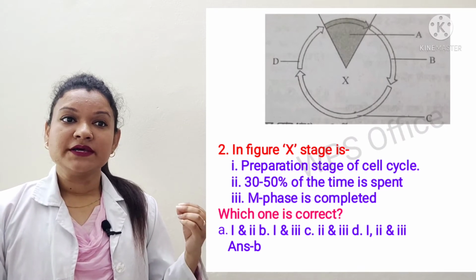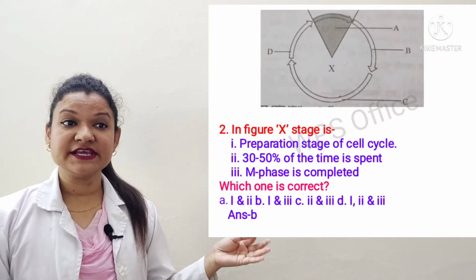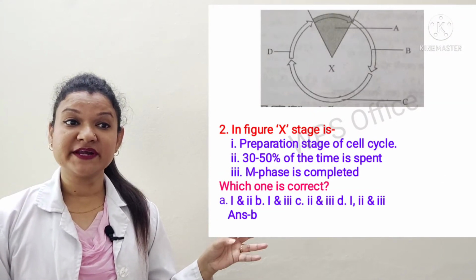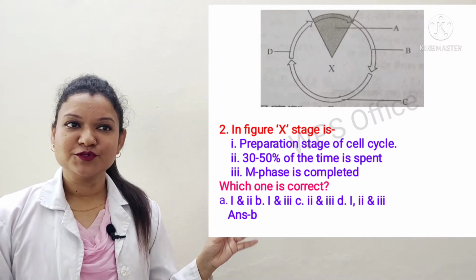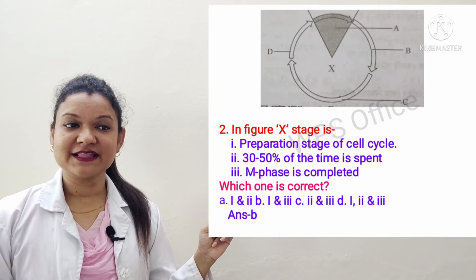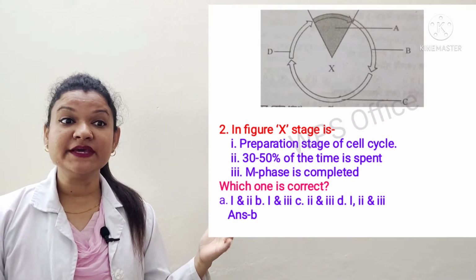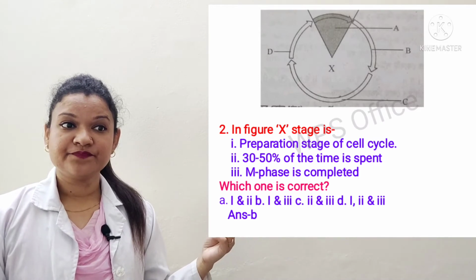The statements are: number 1, in figure X, the stage is the preparation stage of the cell cycle. We know that this is the preparation stage of the cell cycle. And number 2, 30 to 50% of the time is spent.